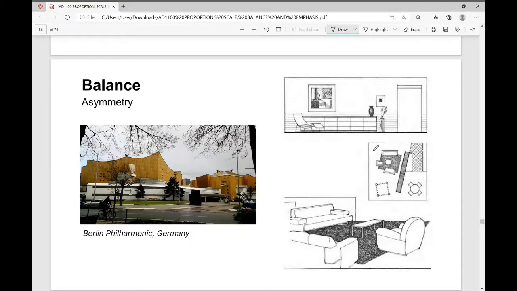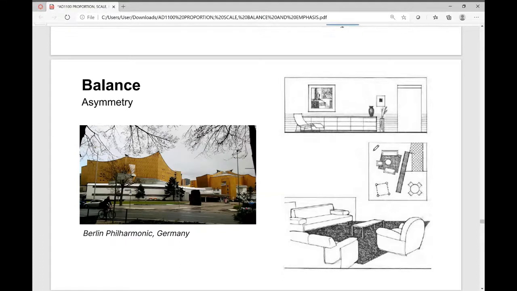This is very typical in interior design. So you want to balance the visual weight of this composition here with a more visual approach here and a very simplified composition there, or simplified element.